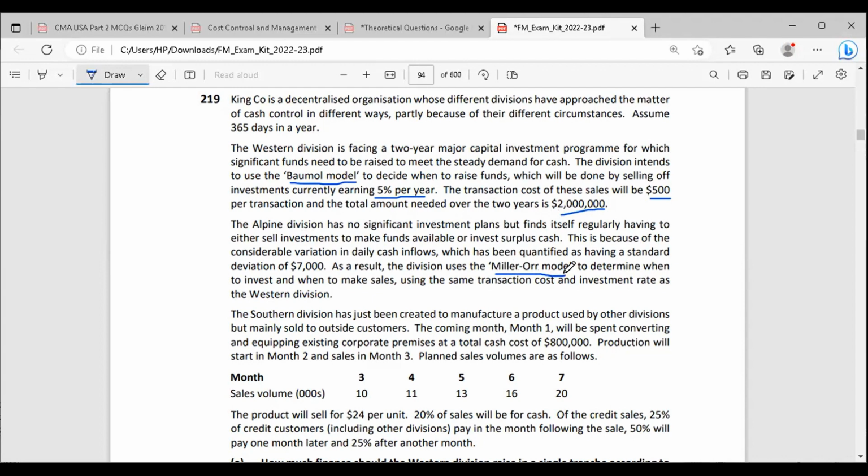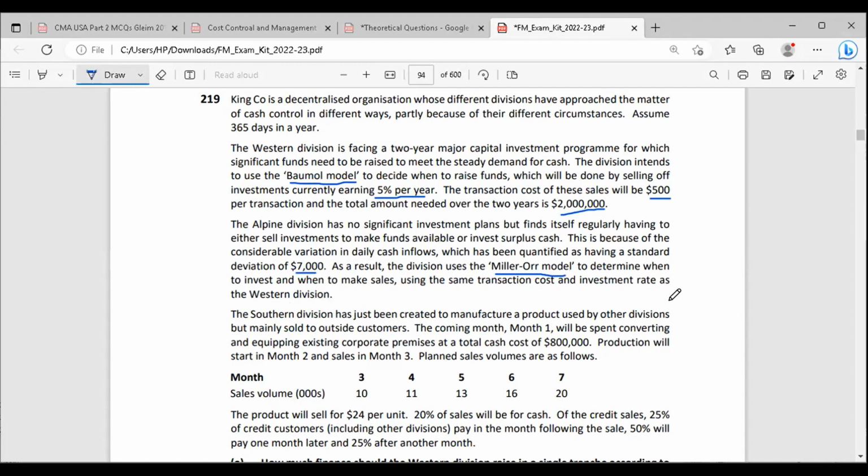At that point, they would sell whatever short term investments they have made earlier, which can provide a solution to liquidity problems. Or if they have too much surplus cash, they immediately invest it in some short term investment opportunity. The standard deviation is given as 7,000.